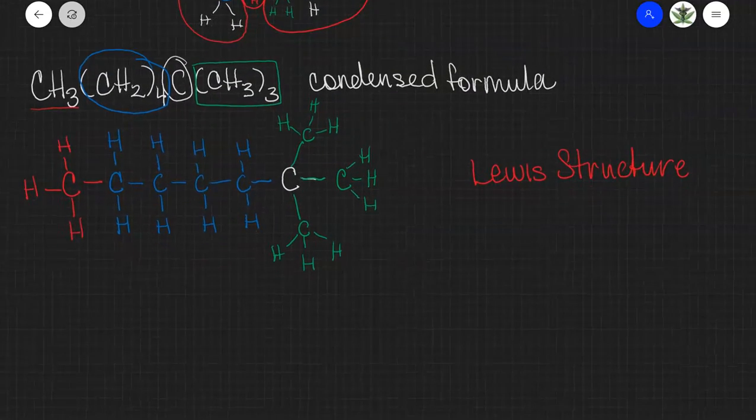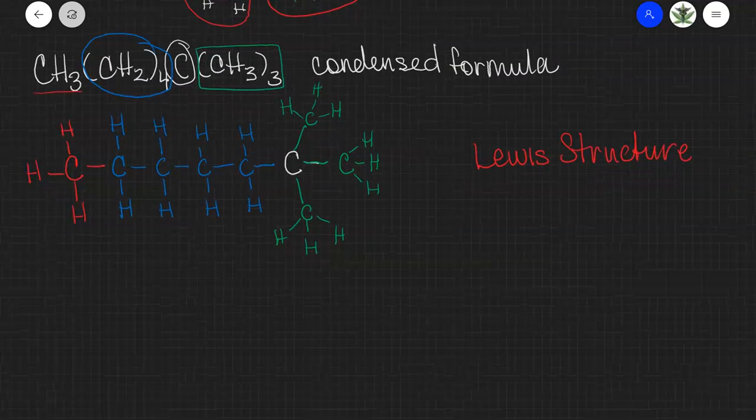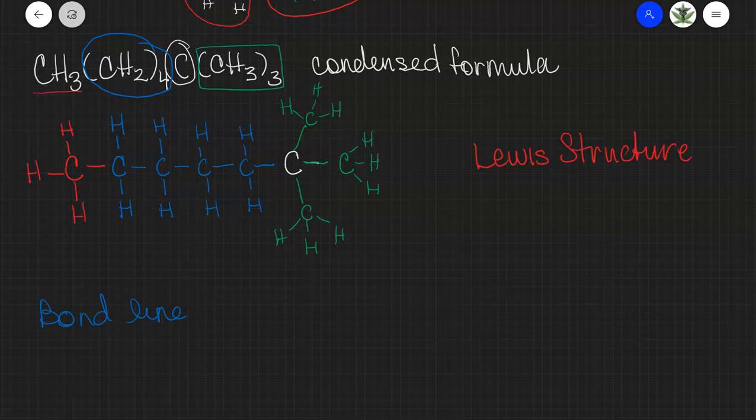Now that we see the Lewis structure, we should be able to write our bond line formula. Well, let's put it on this side. So we have 1, 2, 3, 4, 5, 6, 7, if I'm going left to right, straight across.